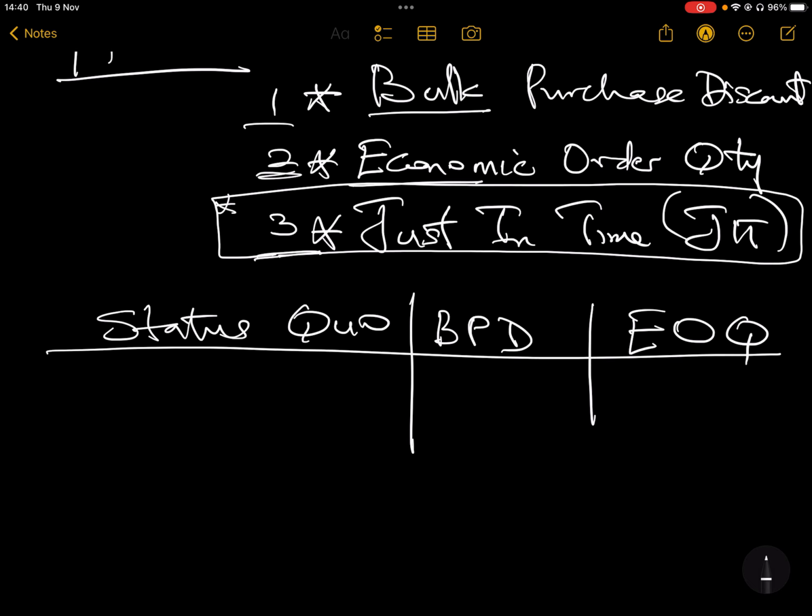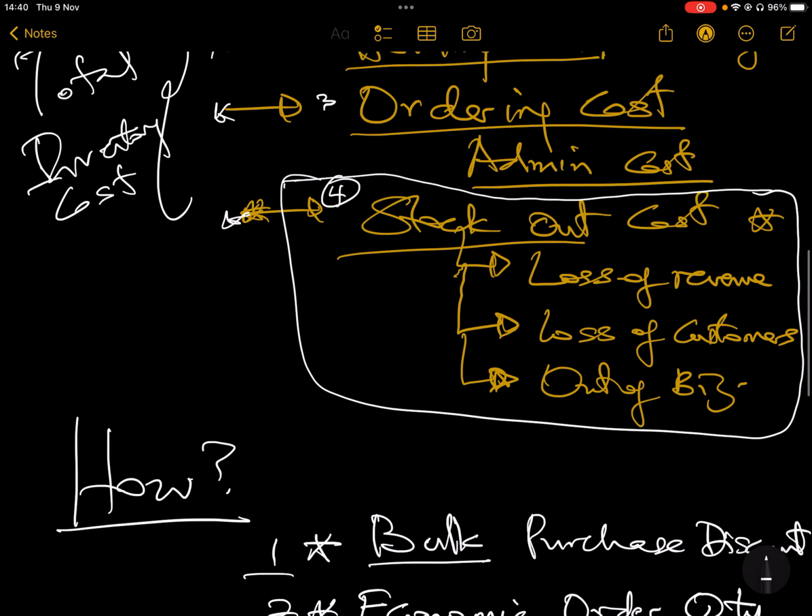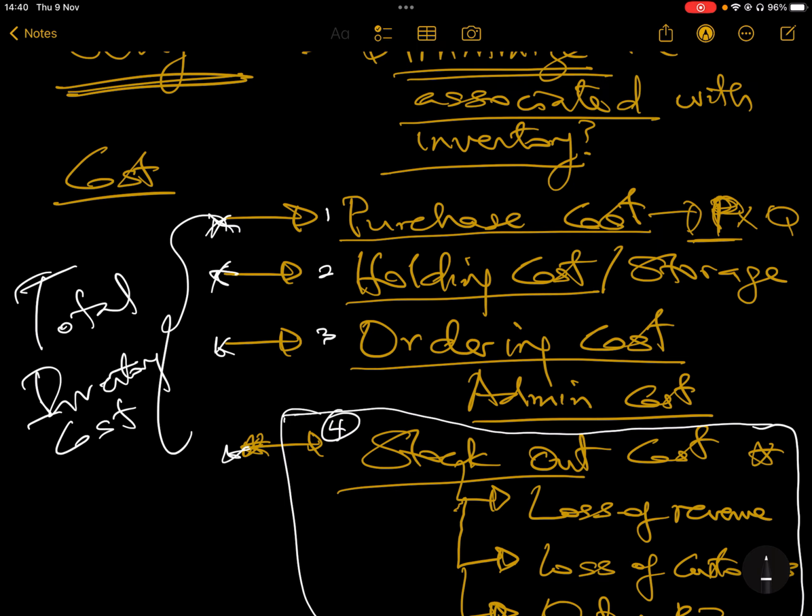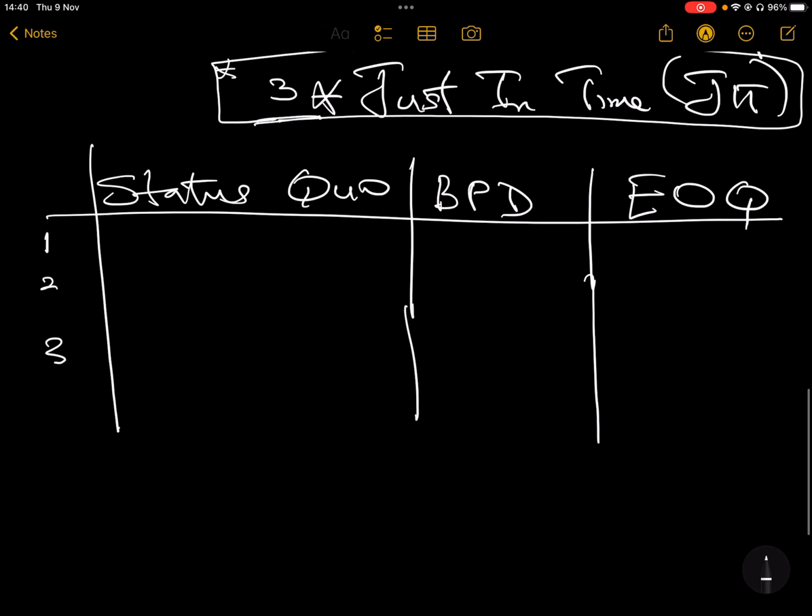All you need to do is to use this approach, and I will explain each of the methods, but I just want to give a perspective on how you can be asked. You list out those three costs that I've mentioned. In fact, how many costs? Three of them that are relevant: the purchase cost, the holding cost, and the ordering cost. For status quo, you put what is the current purchase cost, what is the current ordering cost, what is the current holding cost.